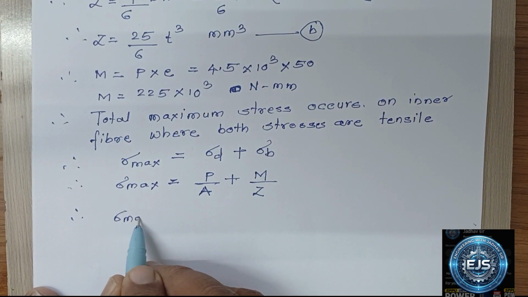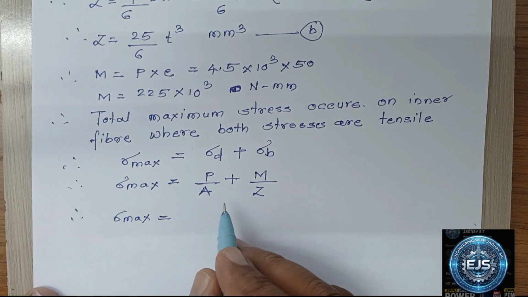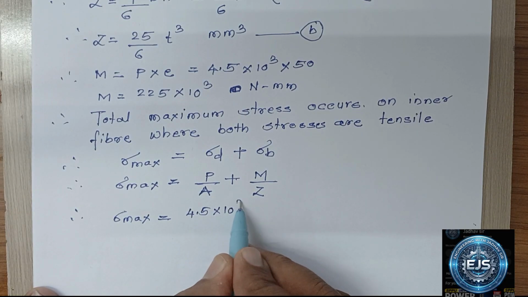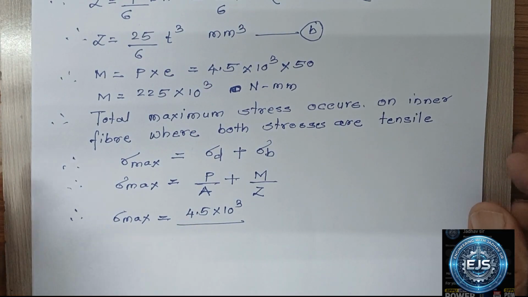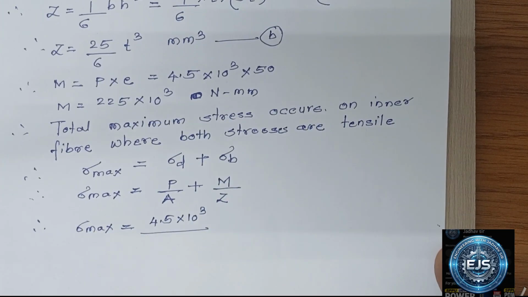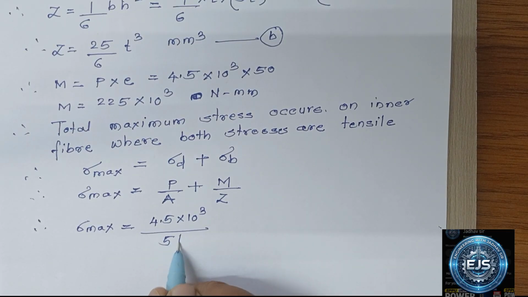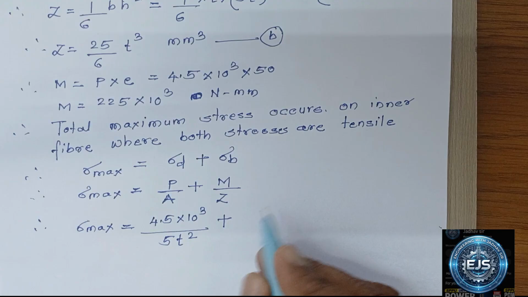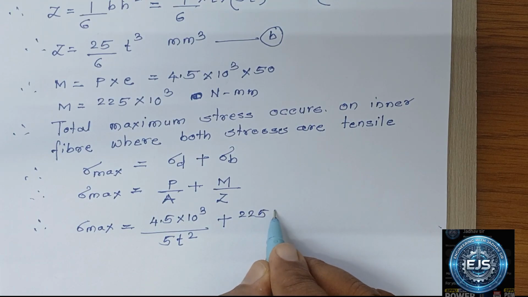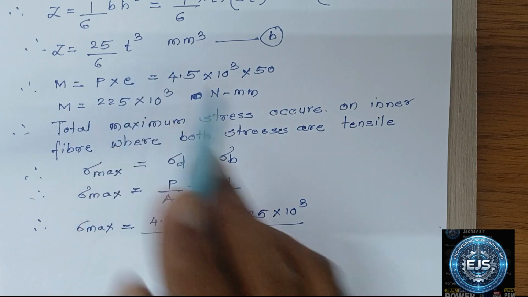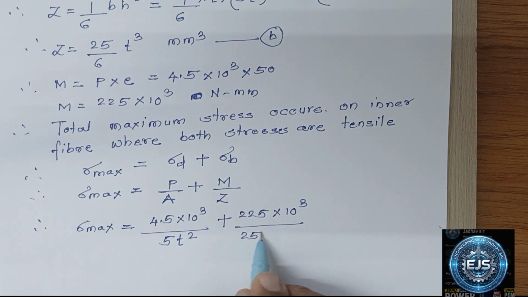Sigma max is equal to direct stress P by A, so P is 4.5 into 10 to the power 3 divided by the area of the cross section. Area of cross section is 5 t square, plus the bending moment value 225 into 10 raised to 3, divided by Z. Z is 25 upon 6 into T cube.